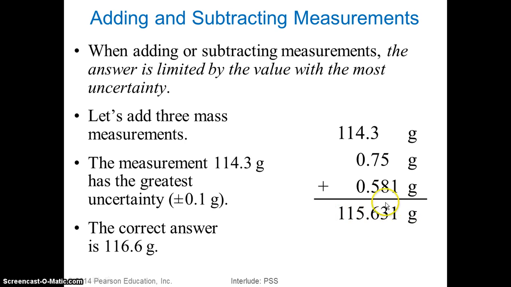So whatever answer we get, we need to round to just 1 decimal place. Here we have 115.6. Our correct answer is 115.6 gram. So when you add and subtract, your answer is limited to the value of the most uncertain number, which is the one with the fewest decimal places.